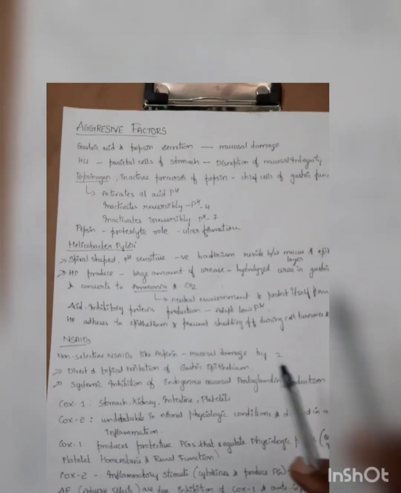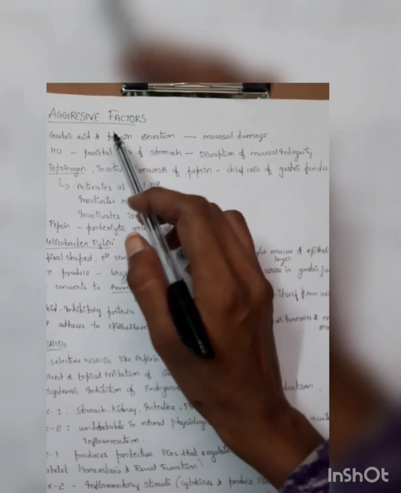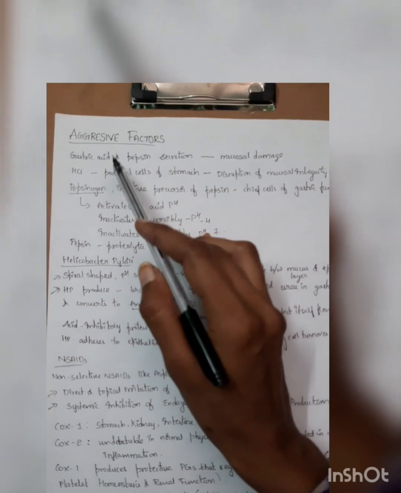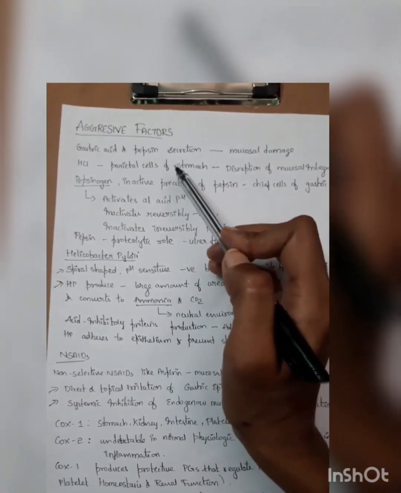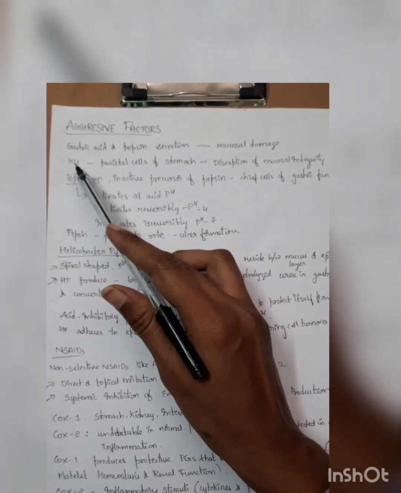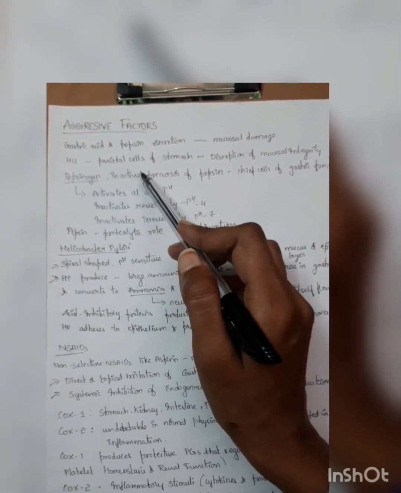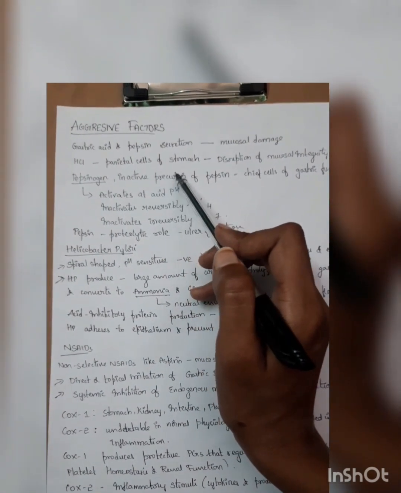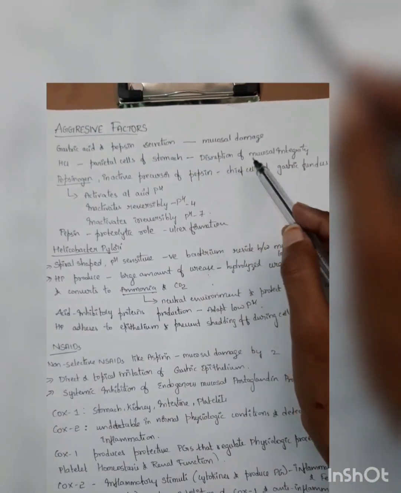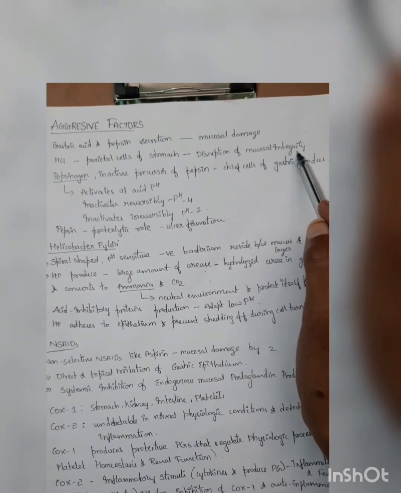Now we'll discuss aggressive factors. Firstly, we'll discuss gastric acid and pepsin secretion. Increased secretion of gastric acid and pepsin leads to mucosal damage. HCl is a gastric acid that is secreted by the parietal cells of the stomach. The increase in HCl secretion causes disruption of mucosal integrity.